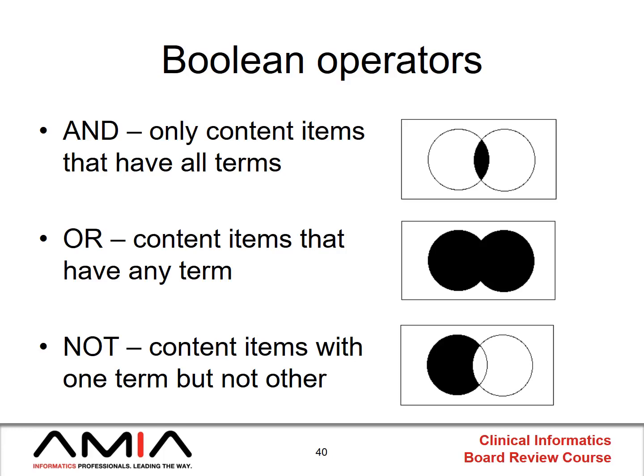Or is the union, and when we use or of different search terms, we'll retrieve content items that have any term. Or is often useful to handle synonyms or similar ways of expressing a concept, and we want to make sure that we retrieve all aspects of it. And not is when we use a search term to retrieve content that has one search term but not the other, kind of like a subtraction operator.